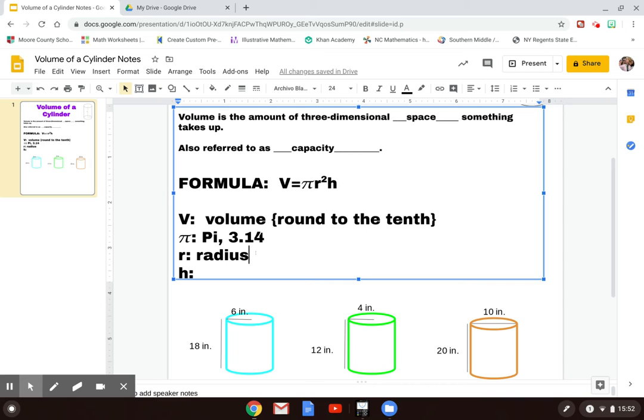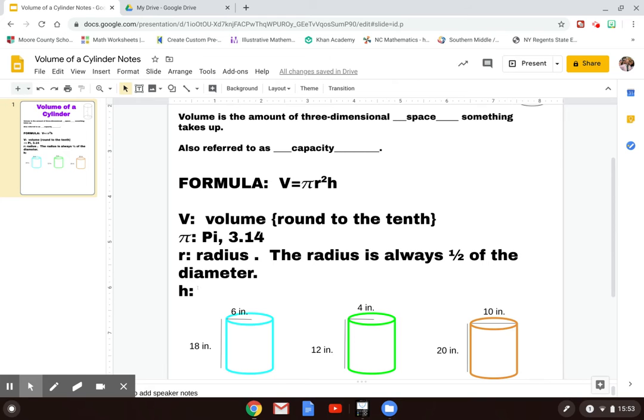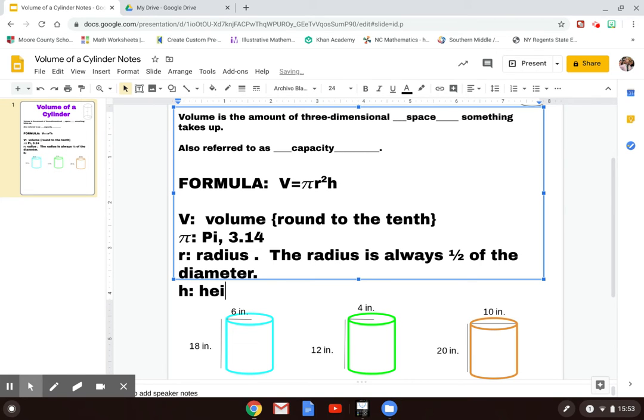And the radius is always 1/2 of the diameter. Remember that, because some of these are going to be diameters, some are going to be radiuses. Your radius is always 1/2 of the diameter. And then h is going to be the height.